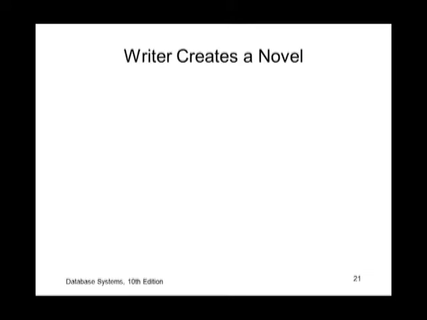All right, let's take a look at a relationship between a writer creating a novel. And let's agree that our business rule says that only one writer can create the novel. So the first thing we would do in creating our Chen notation would be to start our diamond, and in it we'll put the word creates.